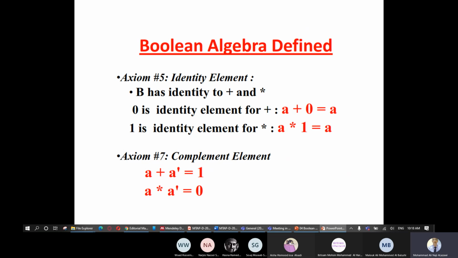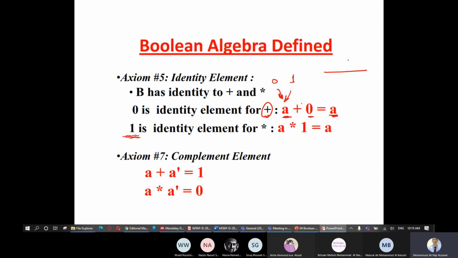Identity element. It's strange, of course. You learned in schools that the identity element is always 1. I remember you call it in schools the neutral element or something like this. But here, 0 is the identity element for plus. That means when I OR any value for A, which takes either 0 or 1, with 0, the result will be the same.